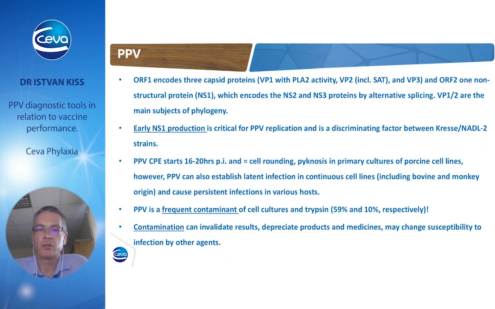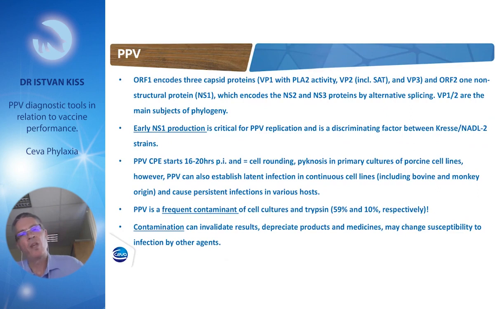A very important factor is that it can establish latent infection in cell lines, and by this it can cause trouble, because if one uses a contaminated cell line, for virus neutralization for example, the inherent PPV content might interfere with the result interpretation.